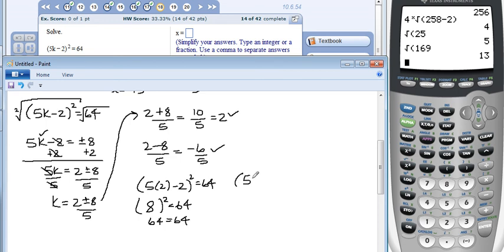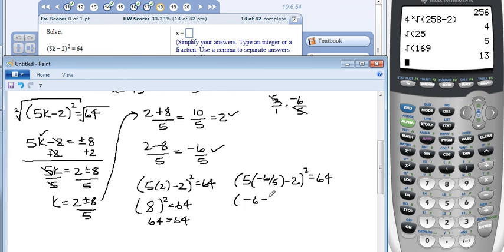Okay, so I've got 5 times negative 6 fifths minus 2 squared is 64. Well, 5 times a negative 6 fifths, look what we have here. We have 5 over 1 times negative 6 over 5. These are canceling, so I just end up with a negative 6.